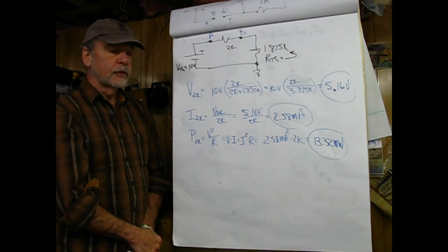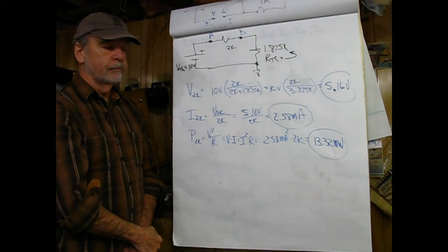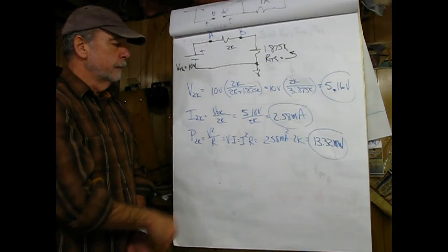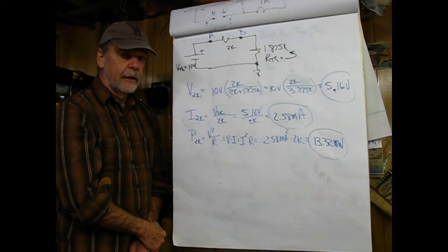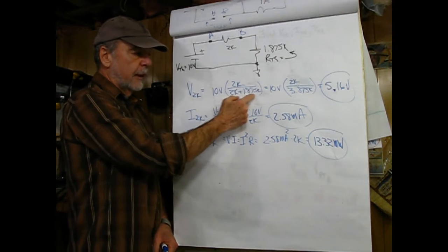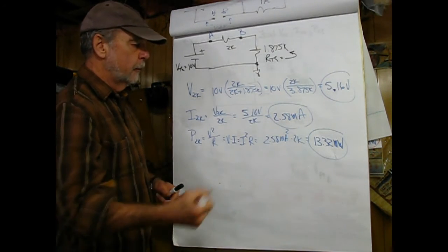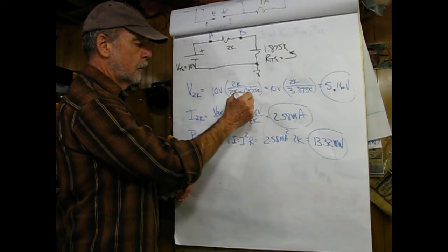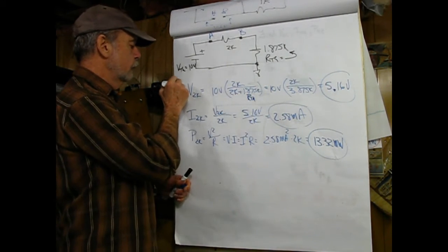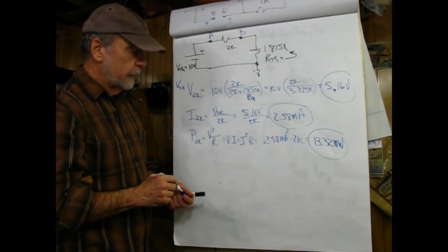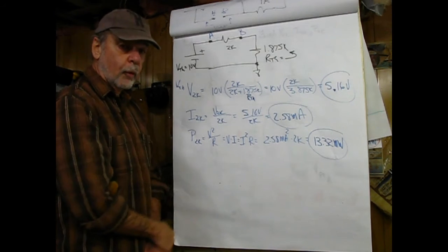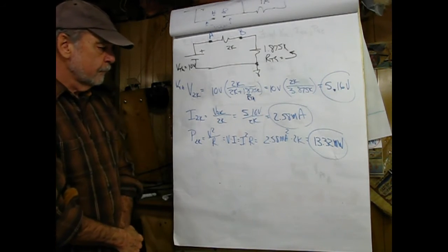And then to find the voltage drop across the 2K resistor, straightforward voltage divider, 10 volts, which is our VTH, times 2K divided by the total resistance, 2K plus RTH, that'd be this guy here. It ends up being 5.16 volts.